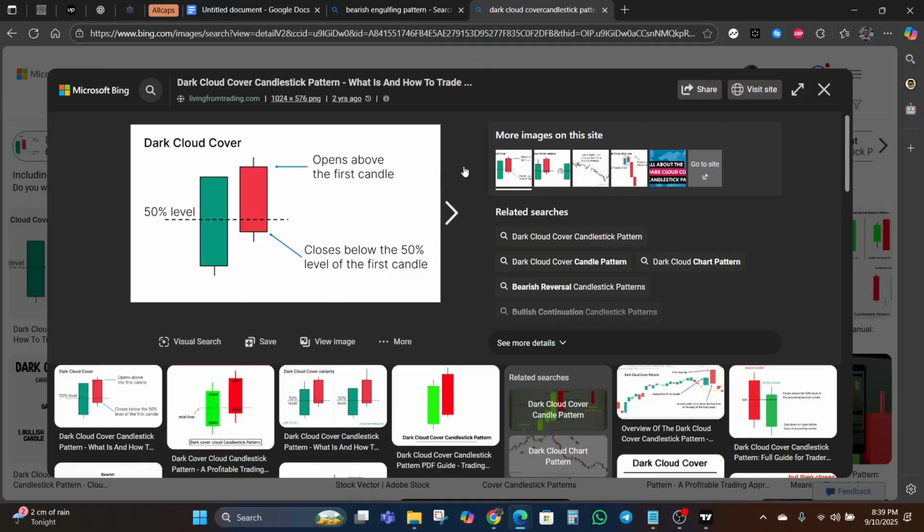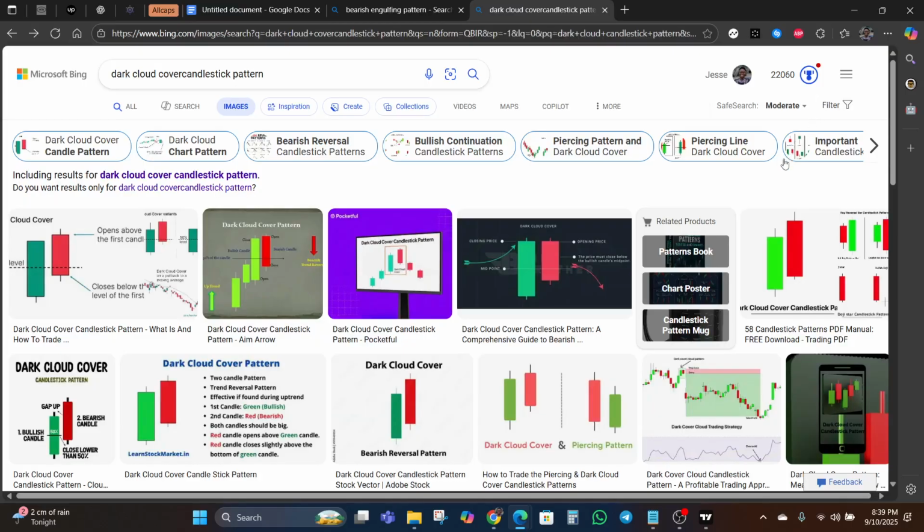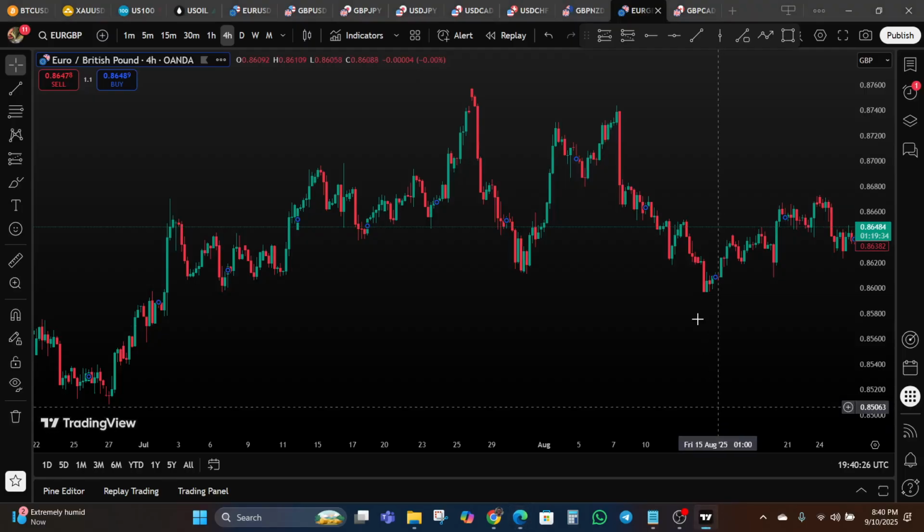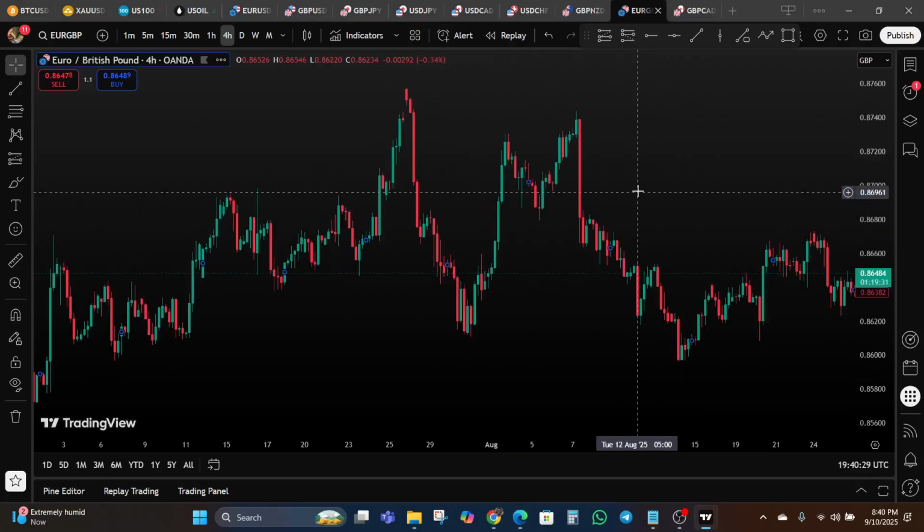While these are some of the best bearish candlestick patterns, the bearish engulfing, the shooting star, the evening star, and the dark cloud cover, they should never be used in isolation. You should always confirm them with context.